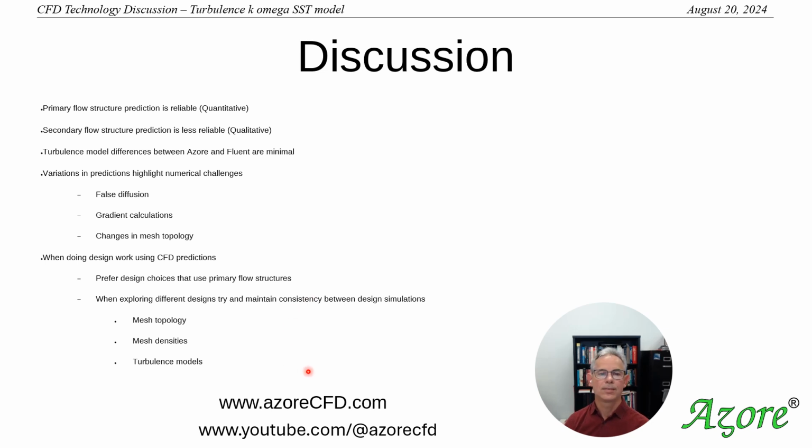So that concludes all of the information I have in terms of looking at the different parametrics that we chose here. Some of the takeaways I'd like to make sure we gather: in general, the primary flow structures, the ones that have all of our kinetic energy, are probably the ones that are quantitative in nature. The secondary flow structures are a little less reliable in terms of the predictions.